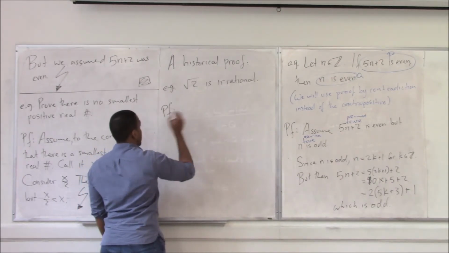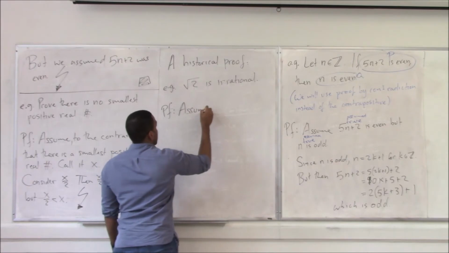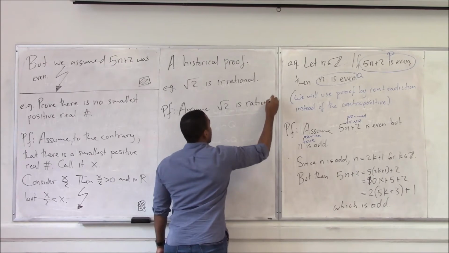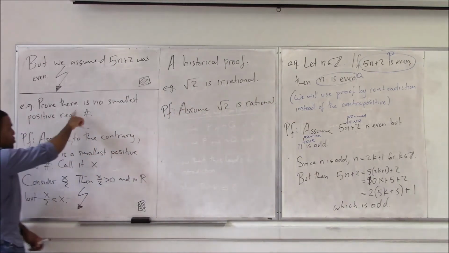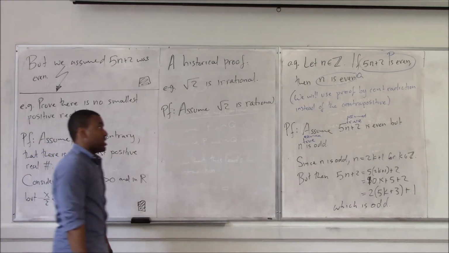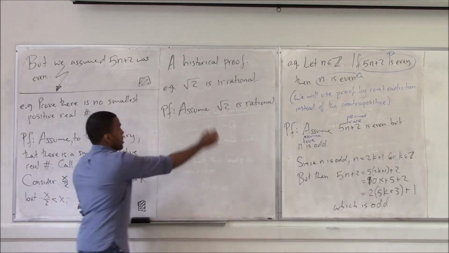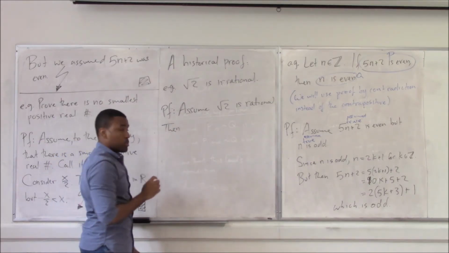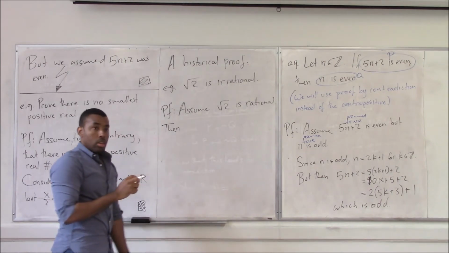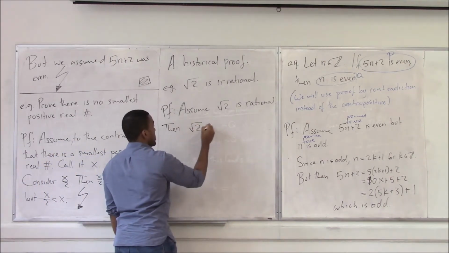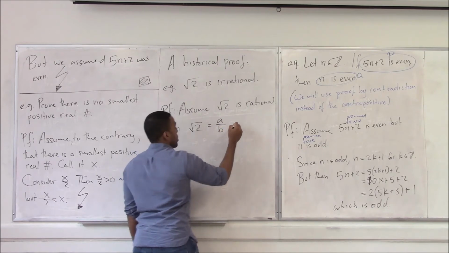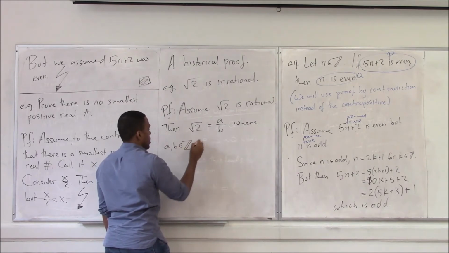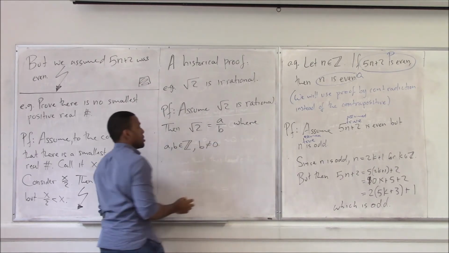Proof. Assume square root of 2 is rational. Right? So this will bolster the example we gave before about radical 2 to the radical 2. Radical 2 is actually irrational, and this is going to be a proof. Then, what does it mean to be rational? It's a fraction, so that means I can write this guy as a over b, where a and b are integers, and b is a non-zero integer.